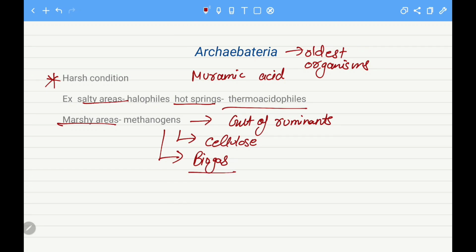They secrete methane gas and help in the formation of biogas. These are present in the dung or excreta of ruminants like cow and buffalo. So this is all about archaebacteria.